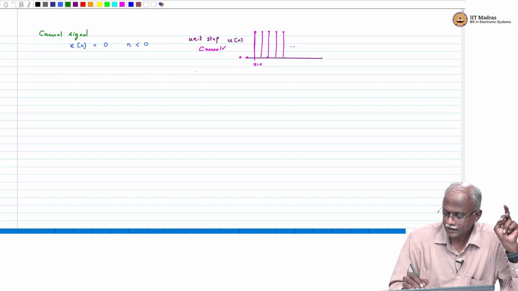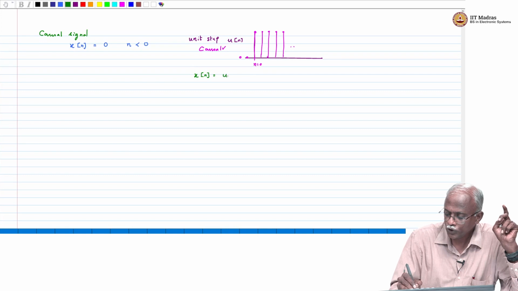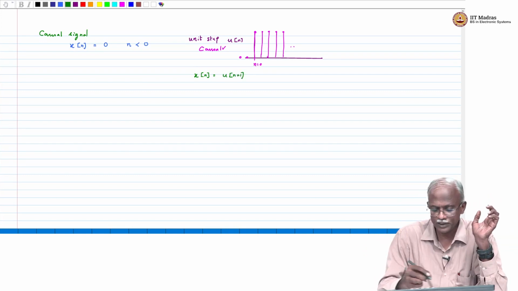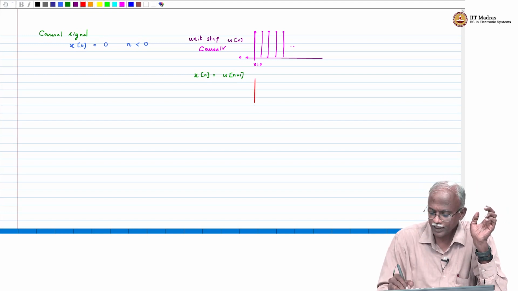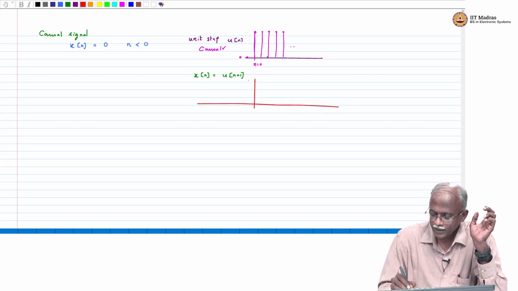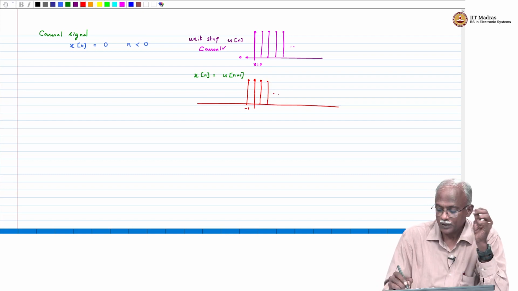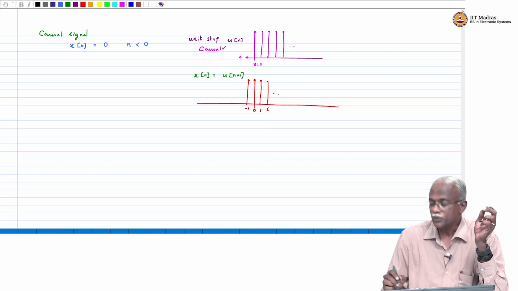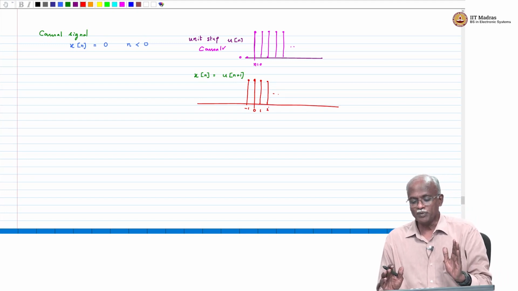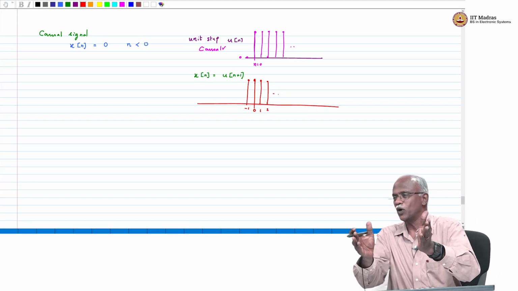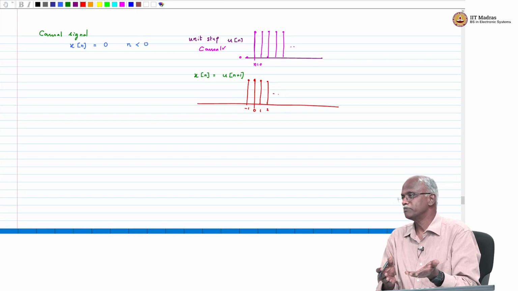On the other hand, if I defined a signal x of n equal to u of n plus 1, an advanced, shifted sequence, what does x of n look like? x of n looks like there is 1 at minus 1, then 0, then 1, 2. Now, you cannot make the argument, if u of n is causal, why not call x of n causal?